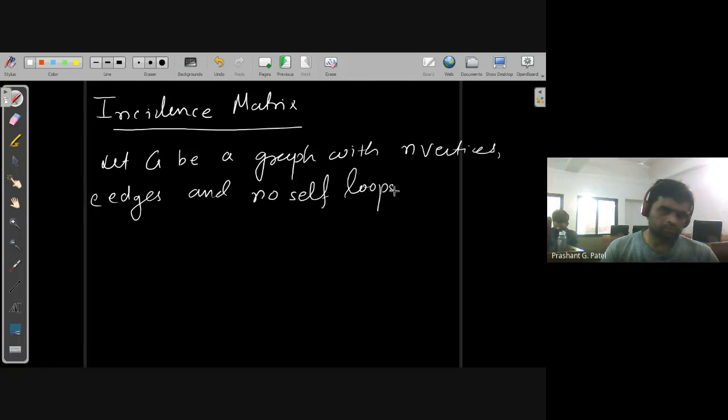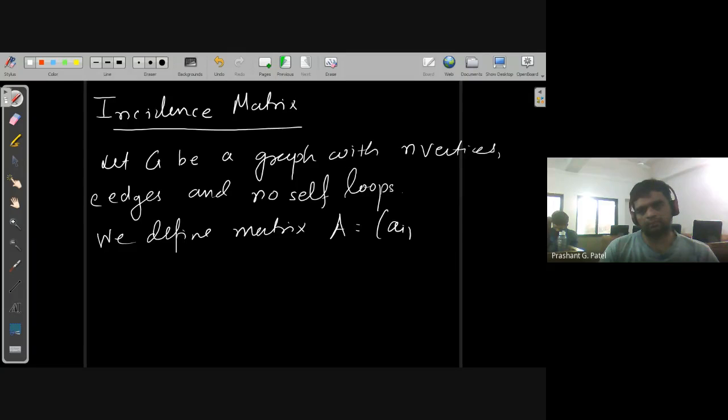We define a matrix A equal to Aij of order n cross e. That means the number of vertices is n and the number of edges is e.